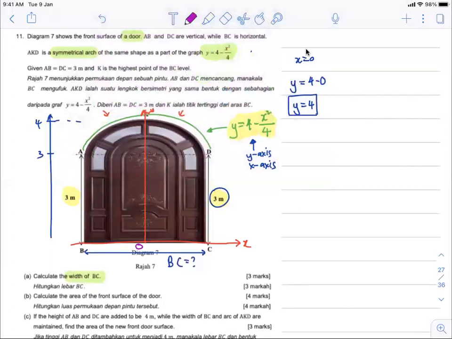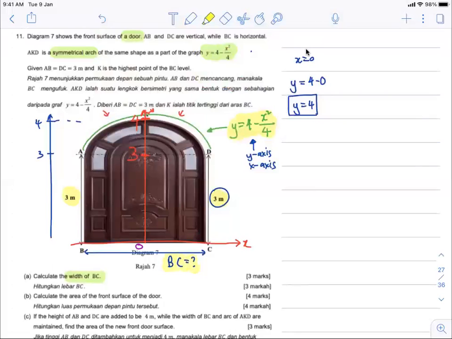So if here is 0, then after 3 meters, here will be 3, and then here will be 4. This is how we include the x-axis and y-axis into the diagram. Then after we have the x-axis and y-axis, we can start to find the width of BC.